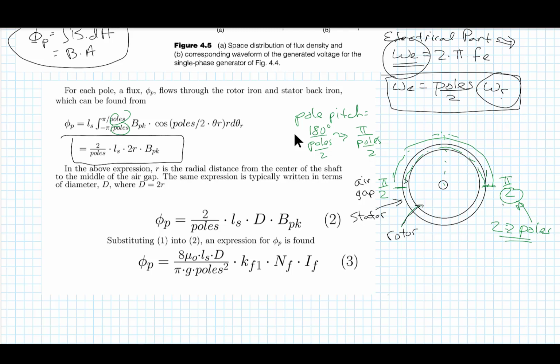Now that flux is a function of the stack length, L sub s, and a function of this number r. Now what is r? I'm defining r as the radial distance from the center of the shaft to the middle of the gap.